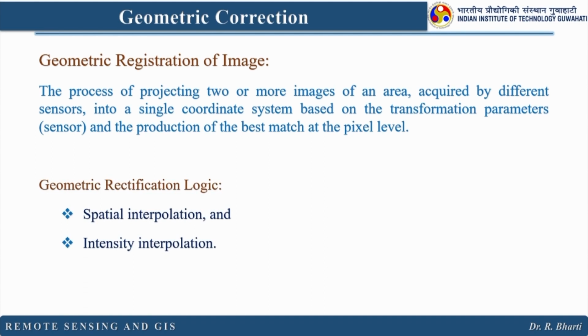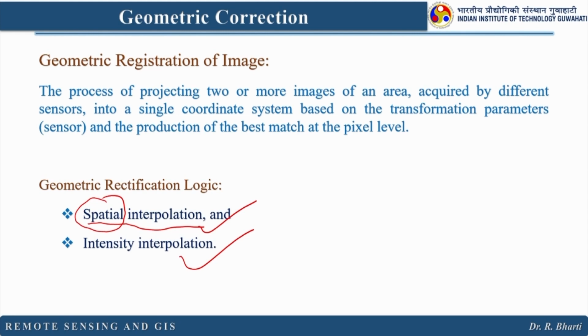So, there are two logics. This is how we are going to correct our image. So, first one is spatial interpolation and the second is intensity interpolation. So, as the name indicates, spatial is basically related to location.